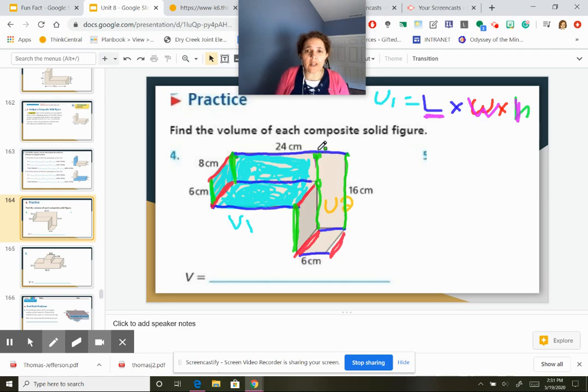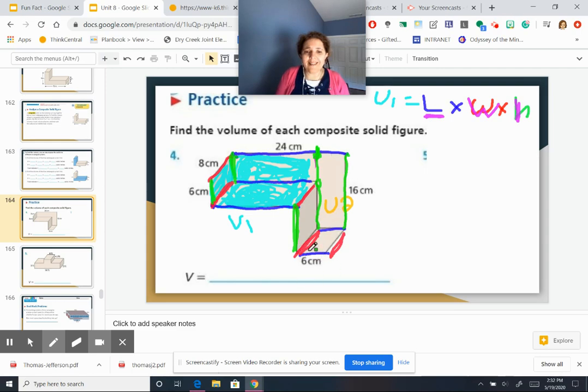The whole thing is 24, but it ends right there. So how can I find what this length is right here? The whole thing is 24. So this part doesn't have anything, but I know this is parallel to that, which is parallel to that.